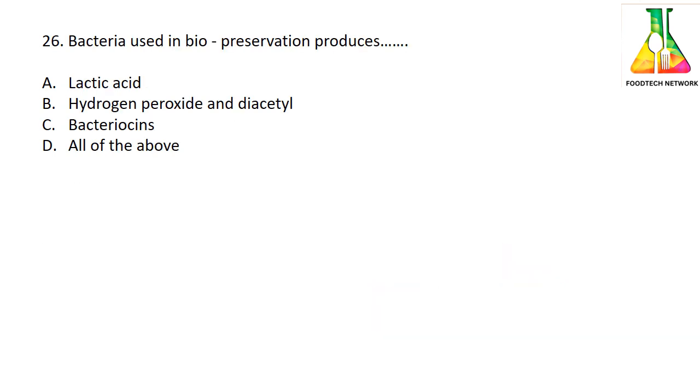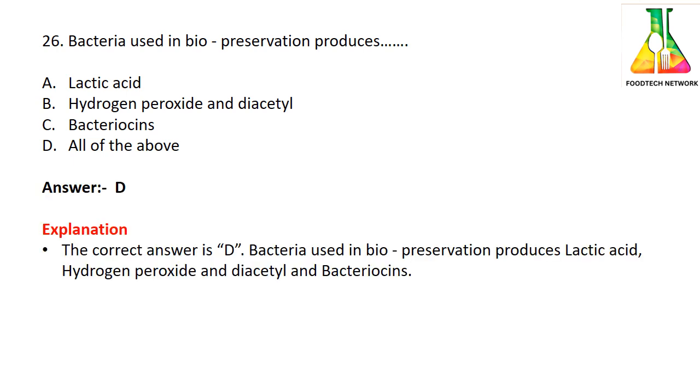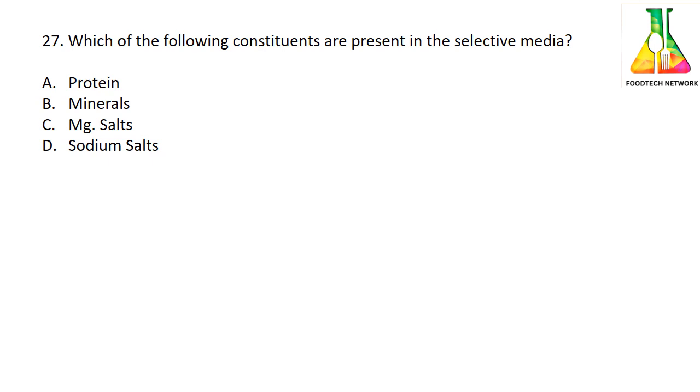Question number 26. Bacteria used in biopreservation produce dash. Option A, lactic acid, option B, hydrogen peroxide and diacetyl, option C, bacteriocins, and option D, all of the above. Option D, that is, all the options listed are correct for biopreservation products. Question number 27.